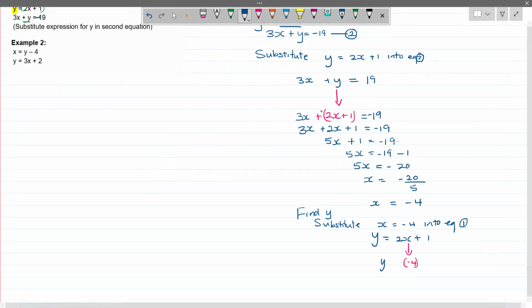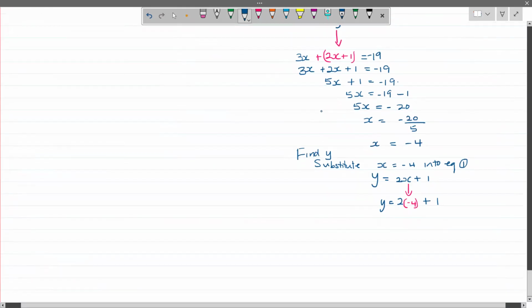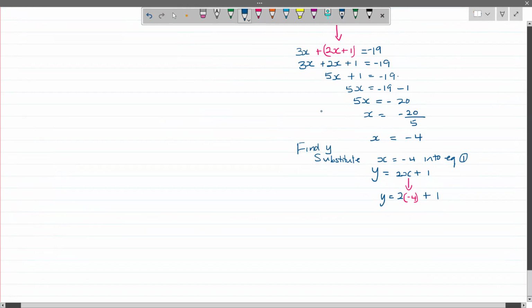And I'll get y is equal to 2 into negative 4 plus 1. Y is equal to negative 8 plus 1. Y is equal to negative 7. So x is equal to negative 4. Y is equal to negative 7.